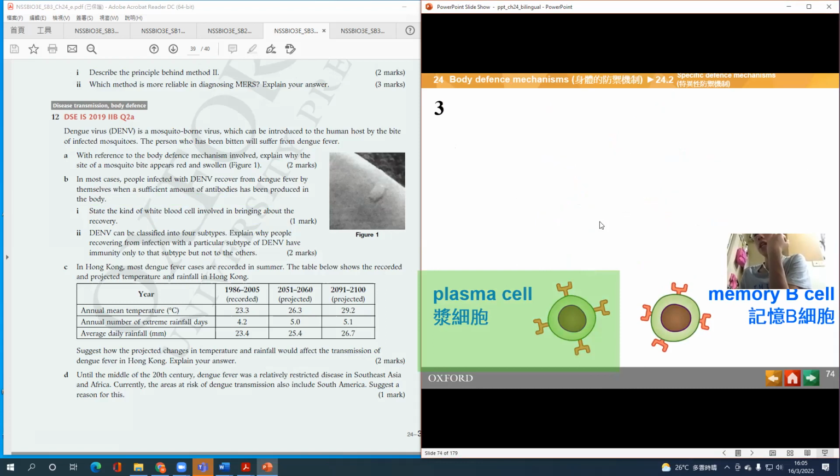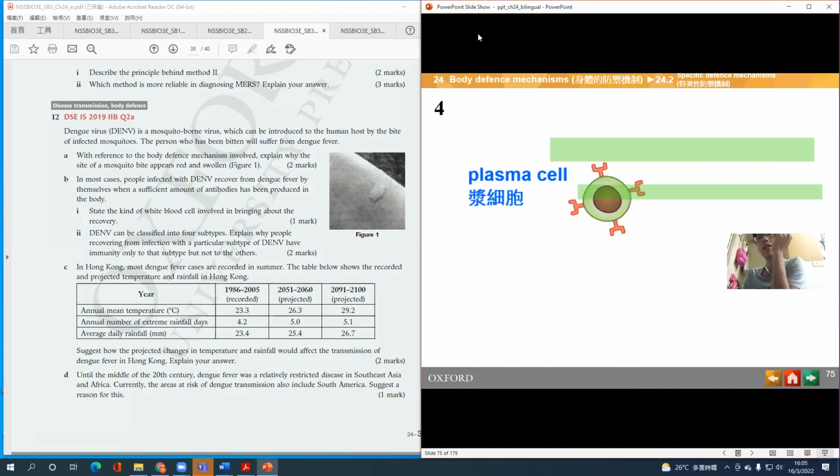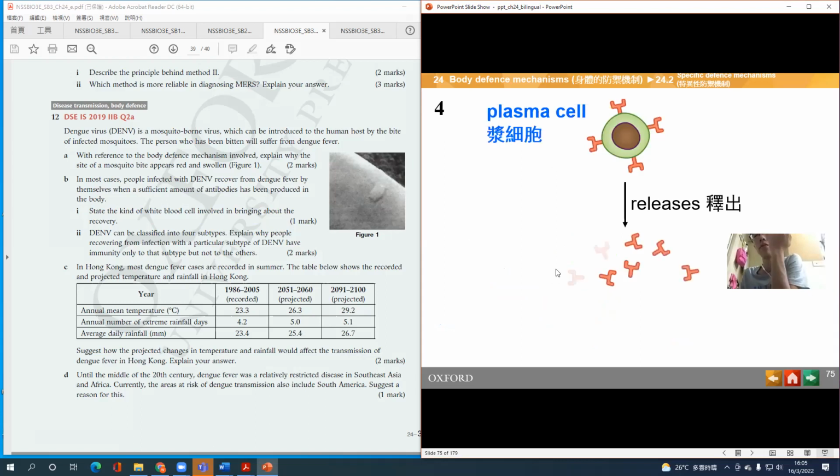Memory B cells produce some kind of memory. They remember the type of antigen so that they can respond again quickly next time. Plasma cells actually release the antibodies.